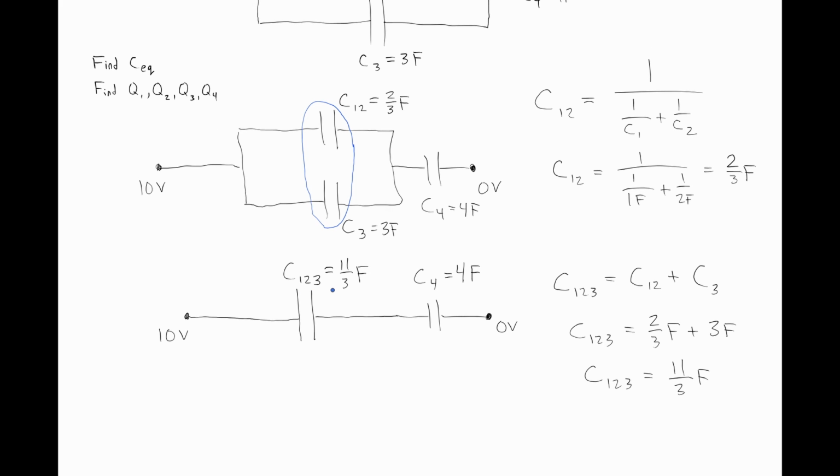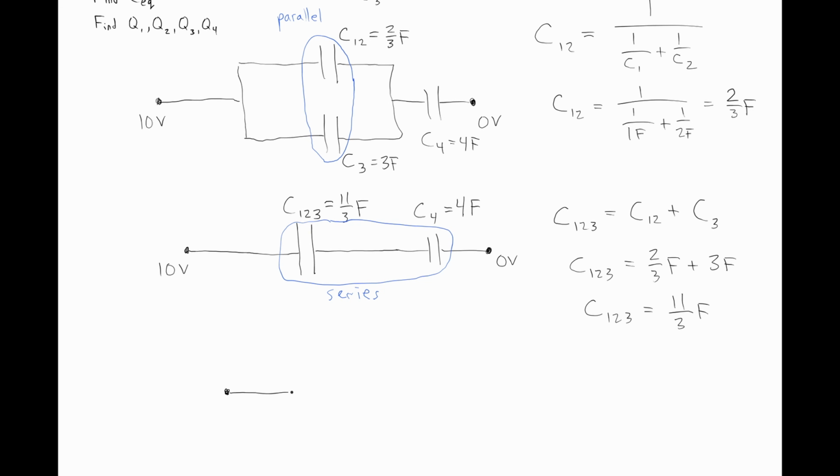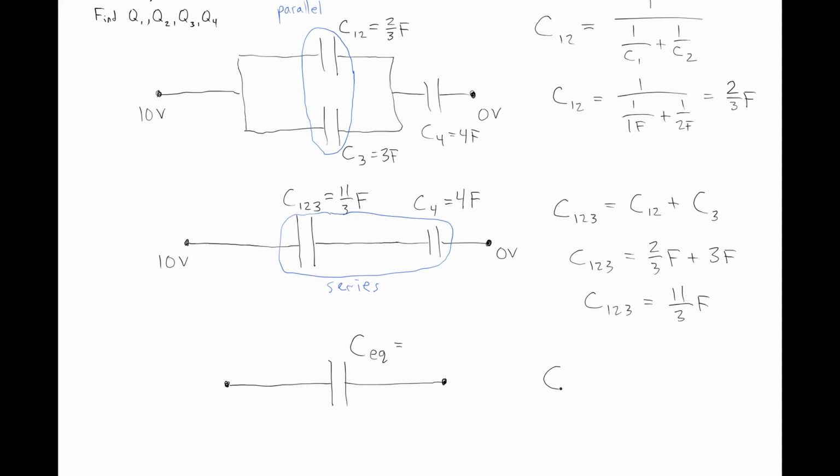Alright, lastly, I'm going to combine these 2, which are in series. And now we got it down to just one capacitor, which I'll call CEQ. So just following the series rule, CEQ is going to be 1 over C123 plus 1 over C4.